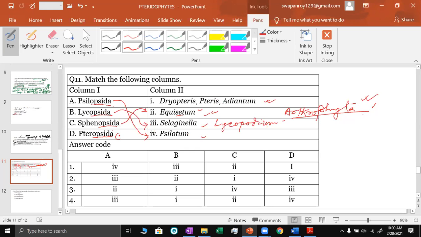This group includes all the ferns. True ferns are Pteropsida. This Pteropsida is also known as Filicopsida.